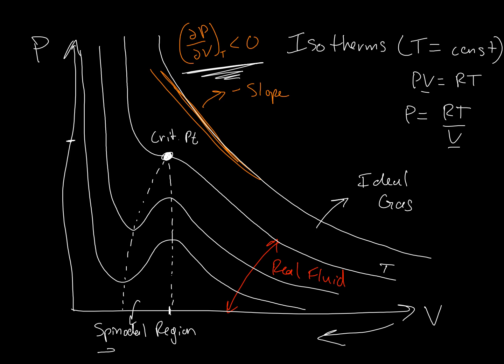In the spinodal region, you have an unstable fluid. We're going to talk about this on Friday. On Friday, we're going to define the binodal region here. The binodal region is the two-phase region.